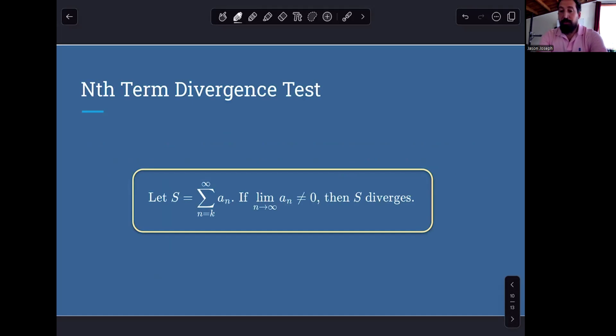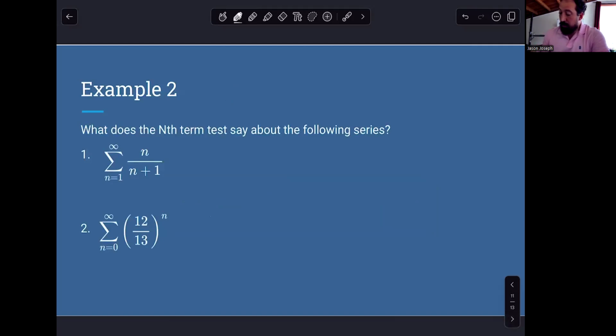And again, this doesn't ever tell us that it converges, but it can tell us that it diverges. So for example, we're adding up the terms n over n plus 1, where n goes from 1 to infinity. So let's write out a few terms of this sum.